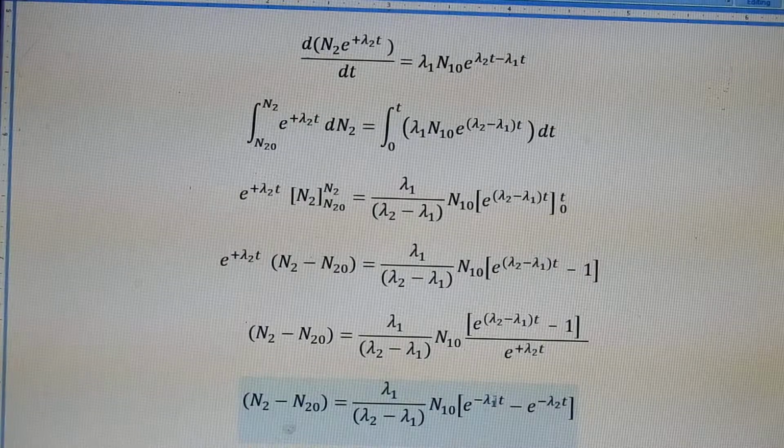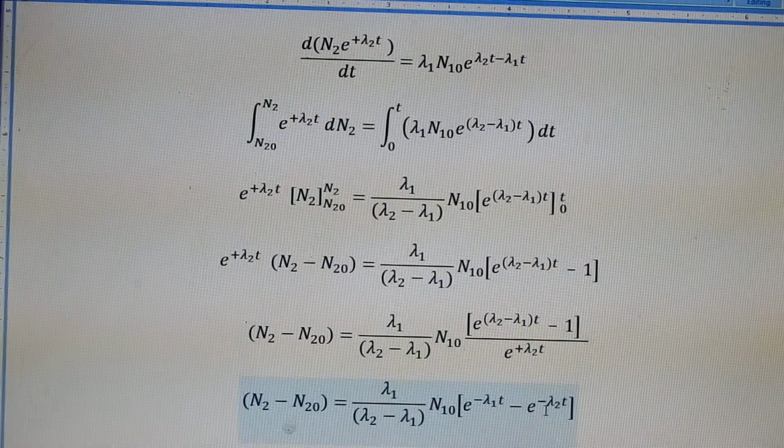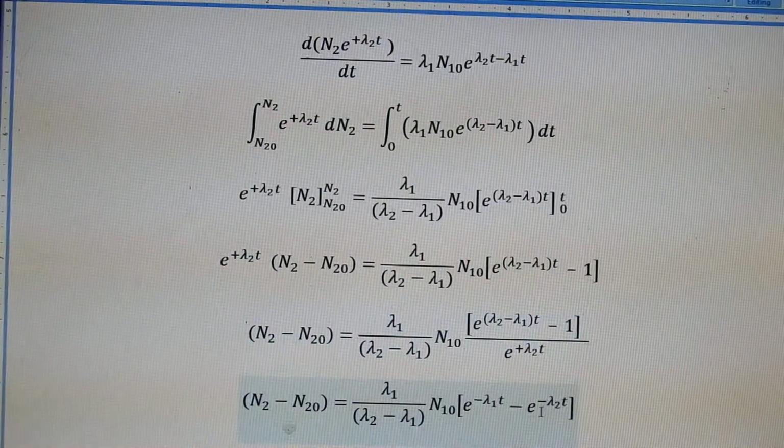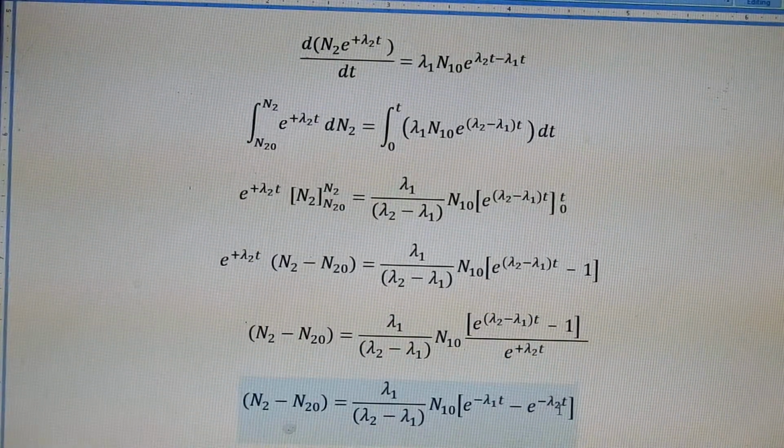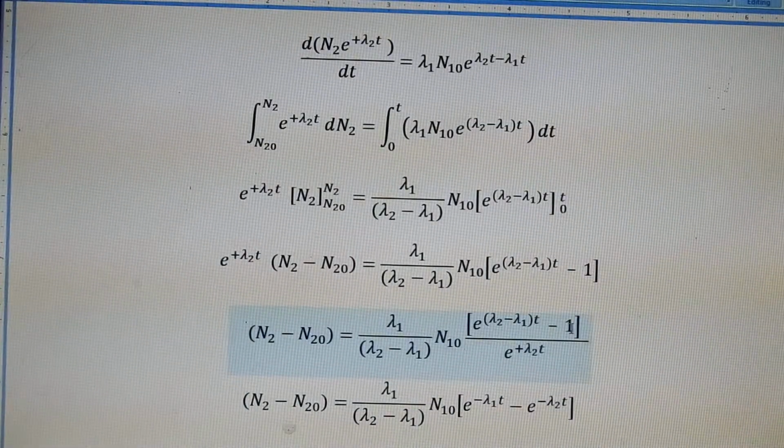So e^(−λ1 t) only remains, minus e^(−λ2 t), if it goes up as a numerator.